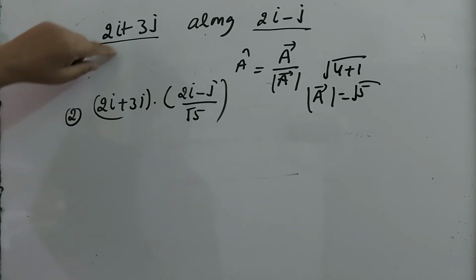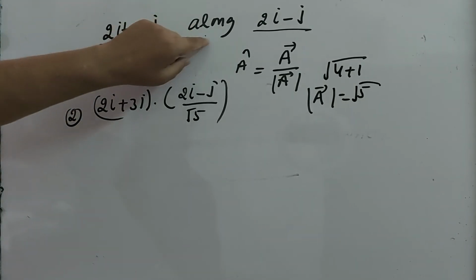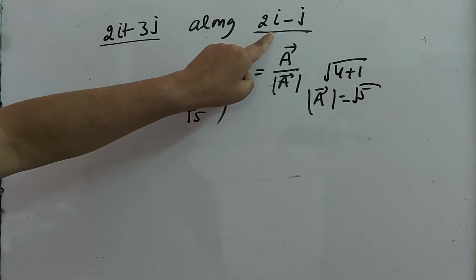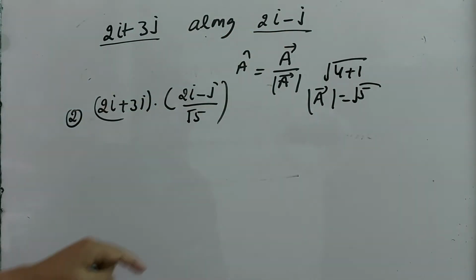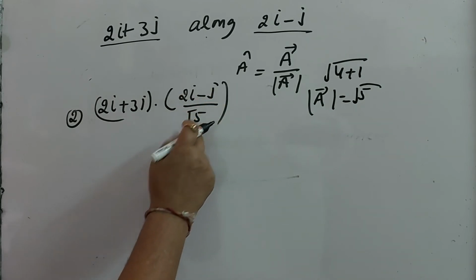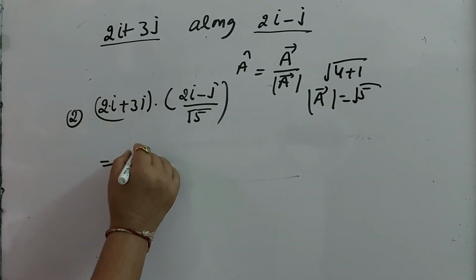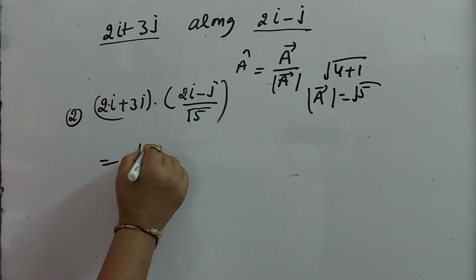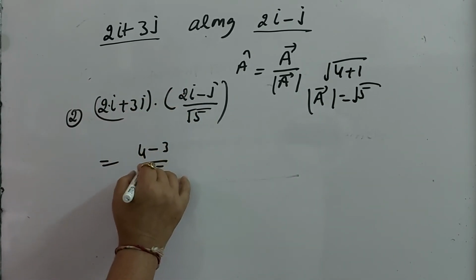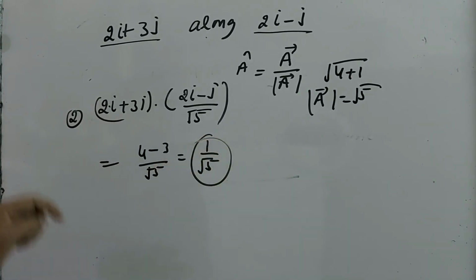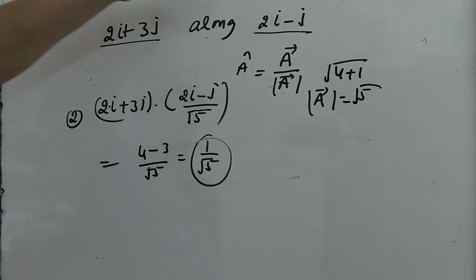So the multiplication of this vector dot the unit vector along this, which is 2i cap minus j cap by root 5. Now if we multiply, this will be 4 minus 3 by root 5. So this is 1 by root 5. Now 1 by root 5 is the projection of this vector along this.